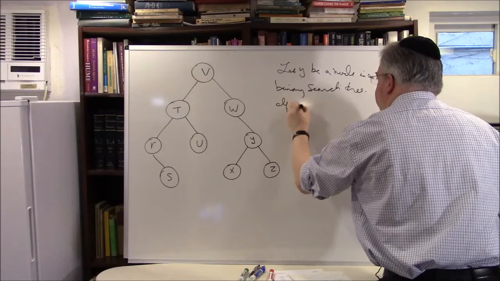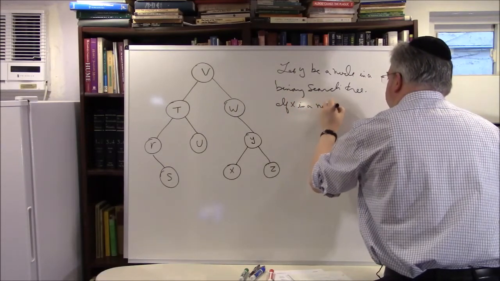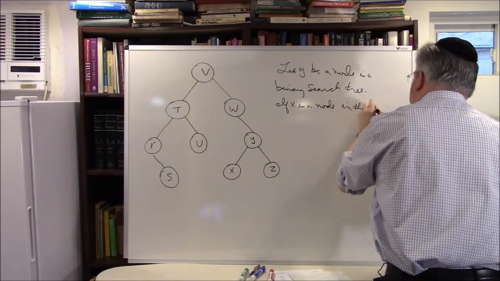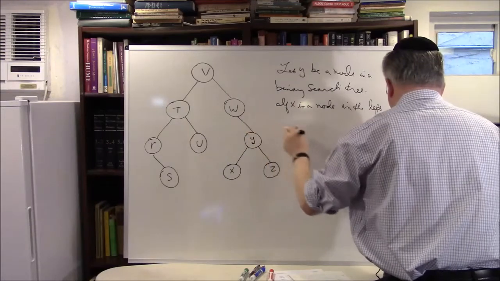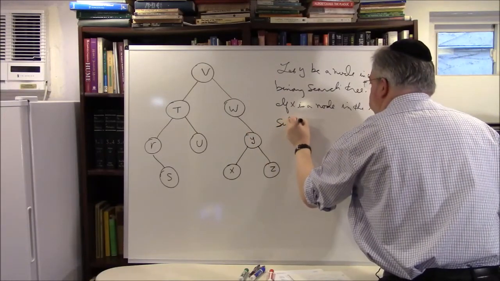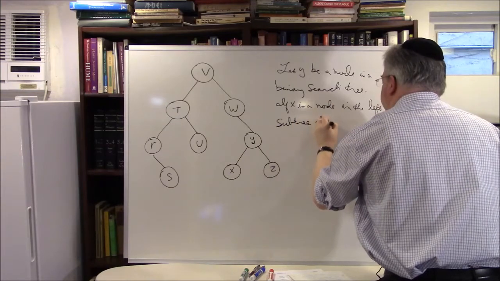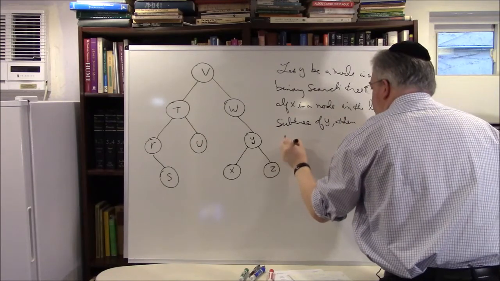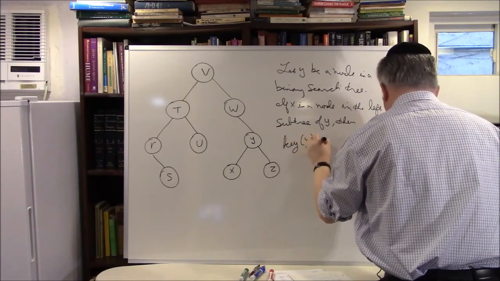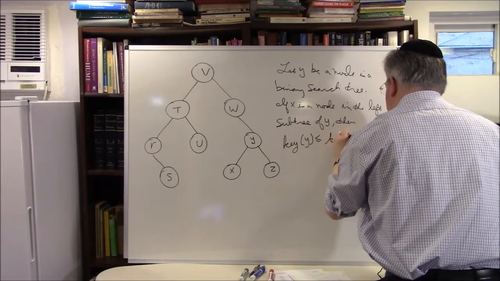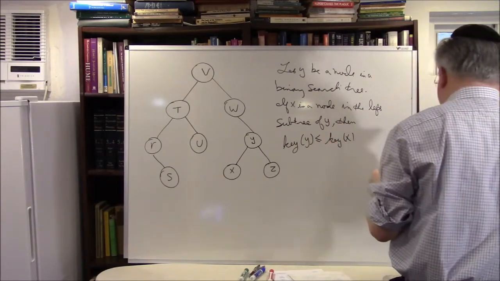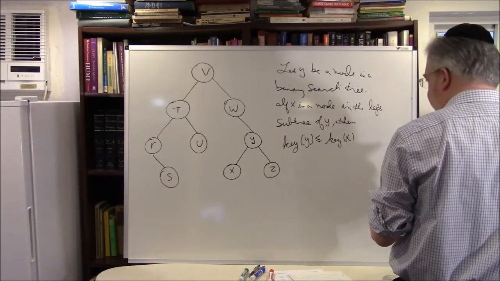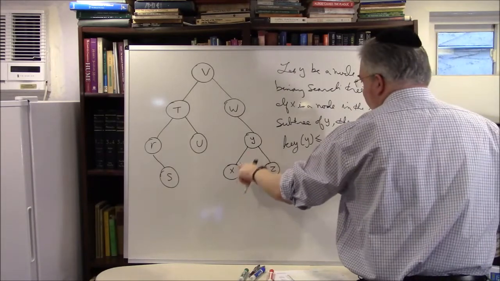If X is a node in the left subtree of Y, then key of X is less than or equal to key of Y. Okay, so here I use the exact same thing.